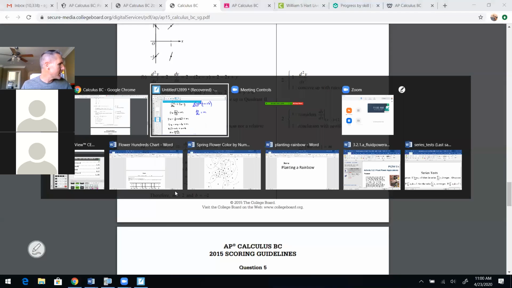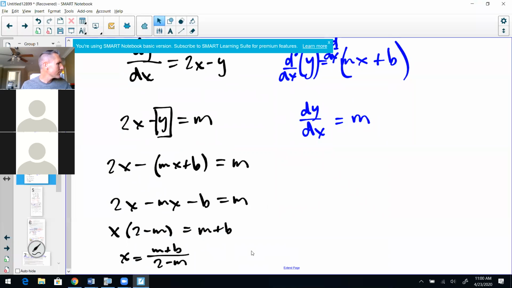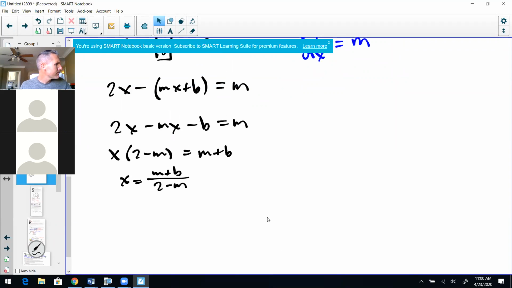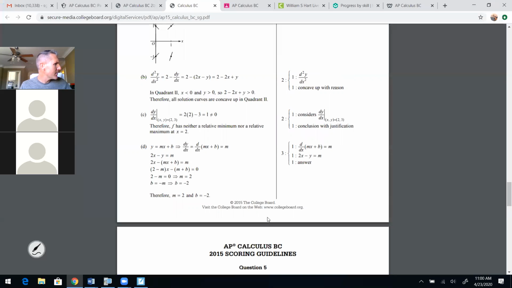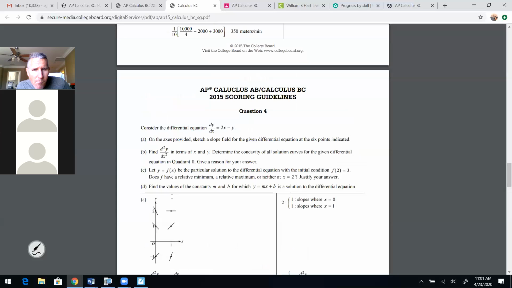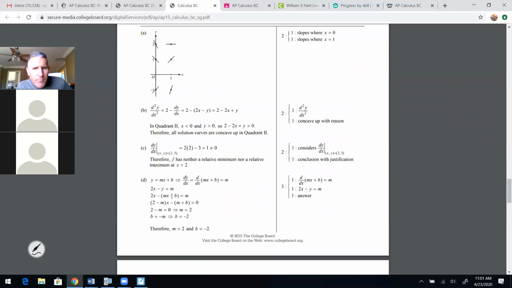Let's see what I have really quickly. Let me look at this. I don't want to take up too much time. Let me look at why they're setting 2 minus m equal to 0, because it's not popping out at me right now.